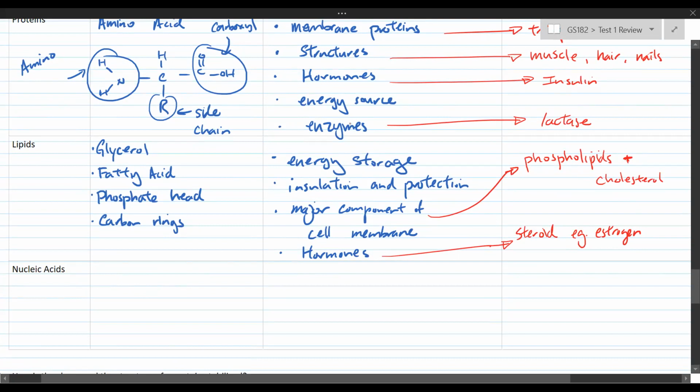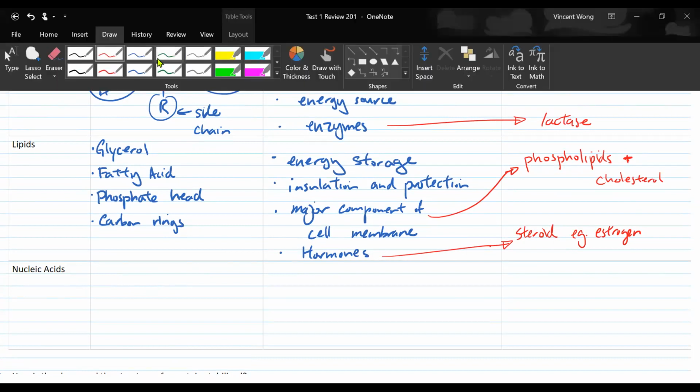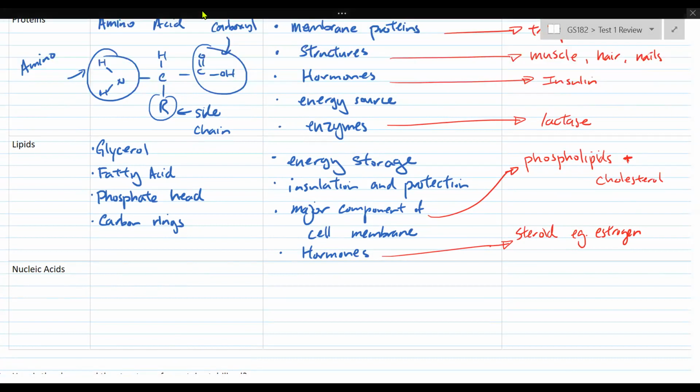Well, hopefully this review is helping you, right? I don't know if you guys are just being quiet or you're worrying about other subjects. But if you haven't started studying the bio, you should probably have this sheet next to you when you do the test, which is fine.